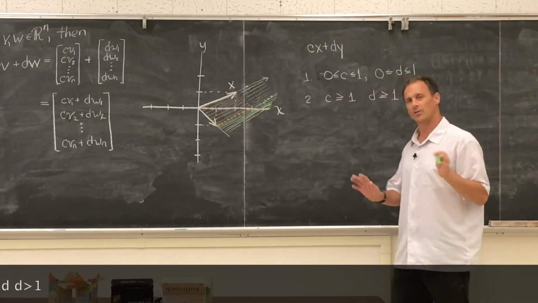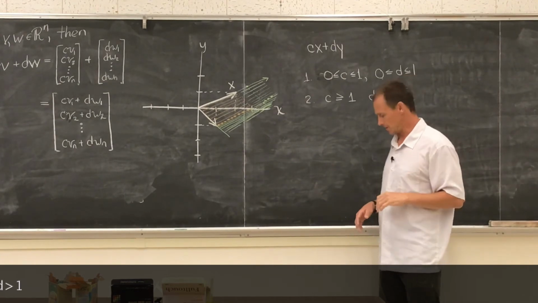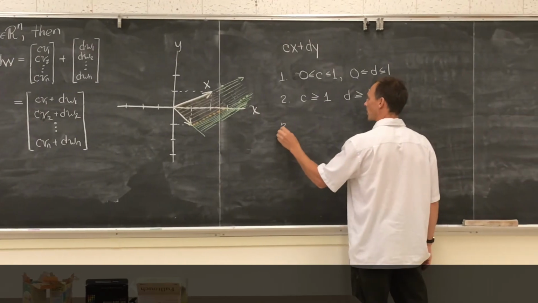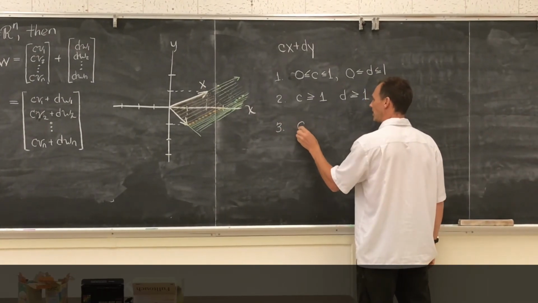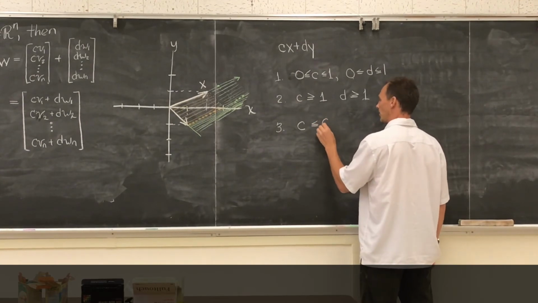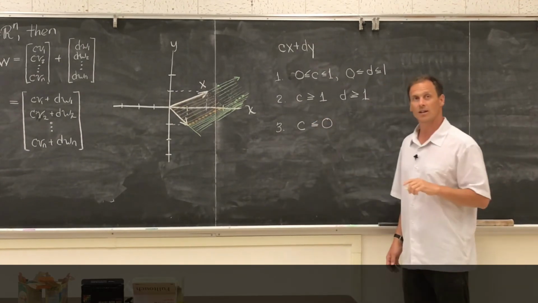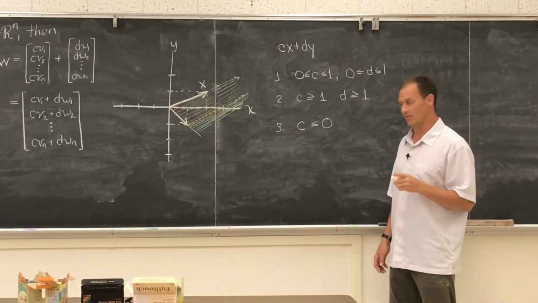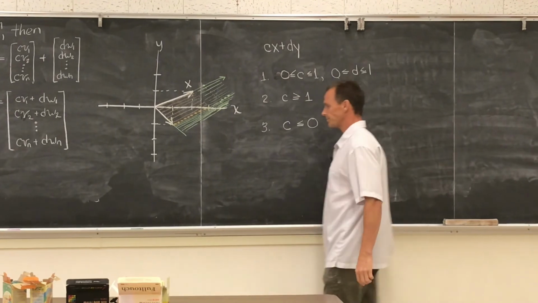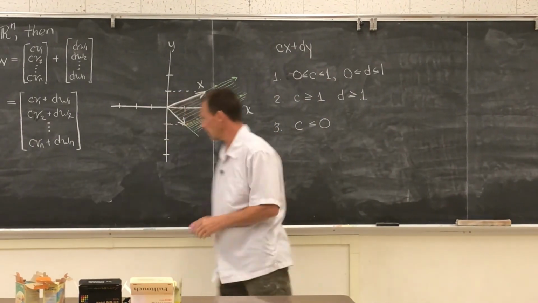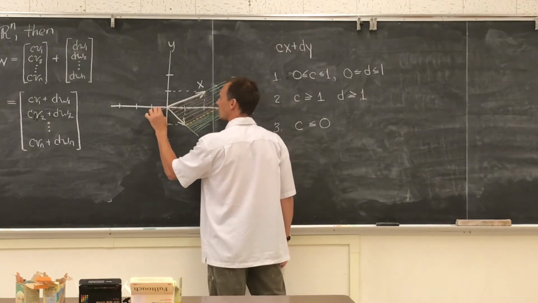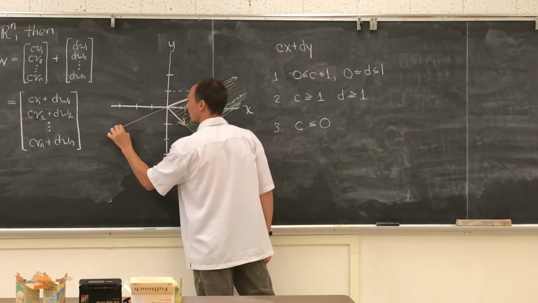Now, here's where we need to think even more. Because what if c can be less than or equal to 0? In other words, c becomes negative numbers. If c is negative, then our x vector is switched out this way.